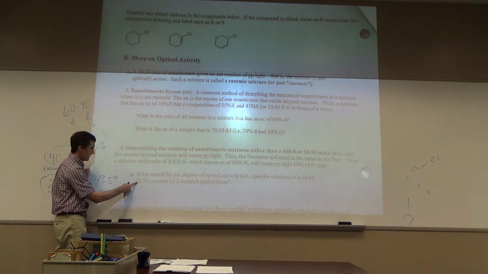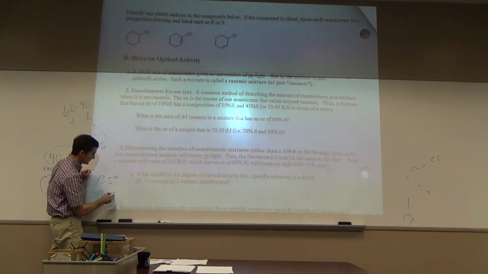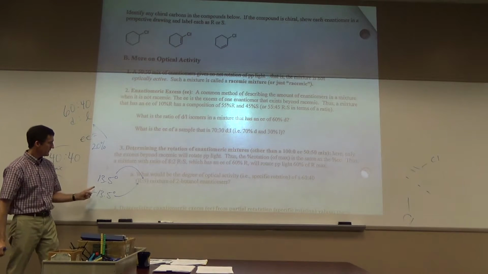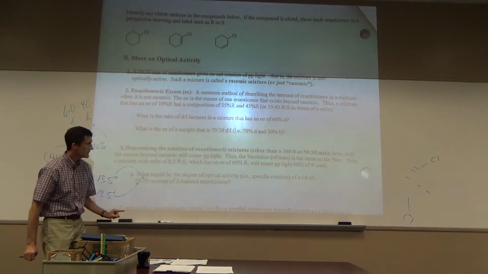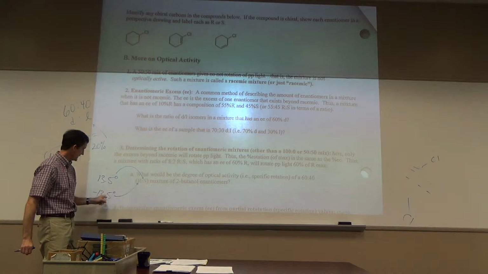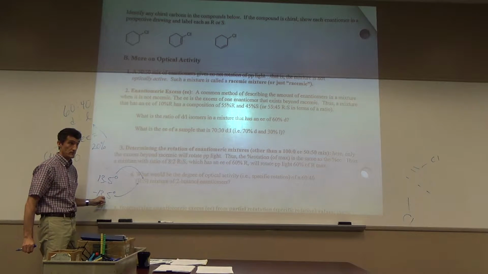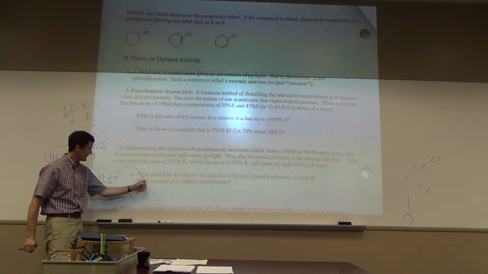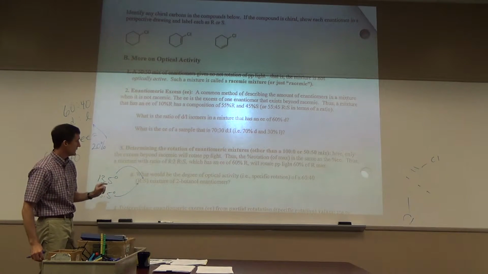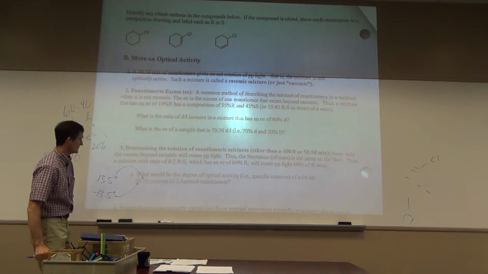R was L, so that would be this one. We know this is plus. Now, if it's 100% one of these, we get one of these. And if it's 50-50, we know the answer would be 0. So what do we get if it's a 60-40 mix?